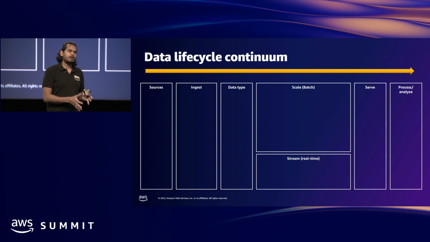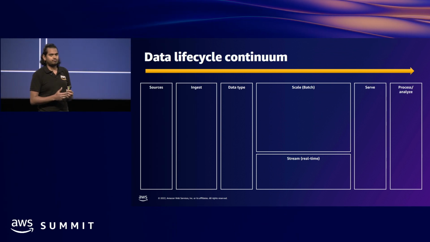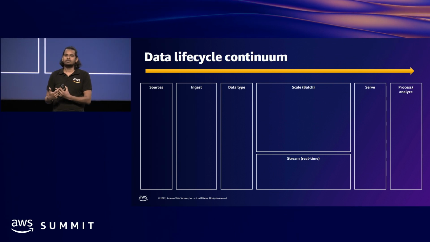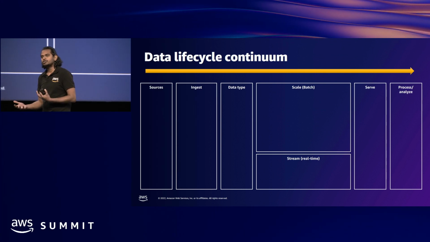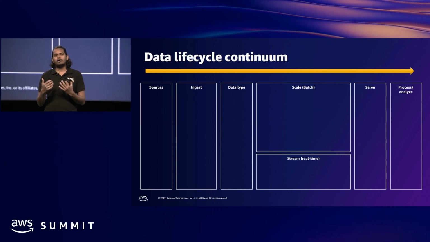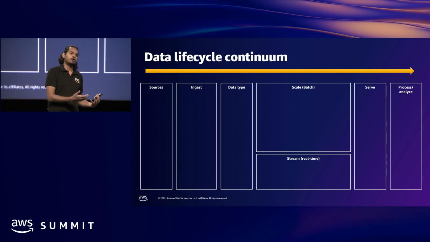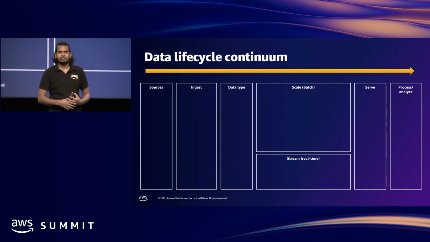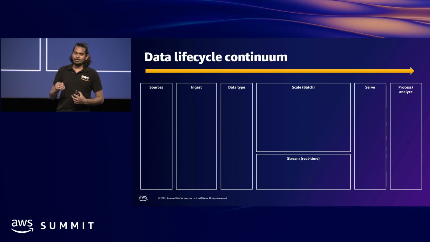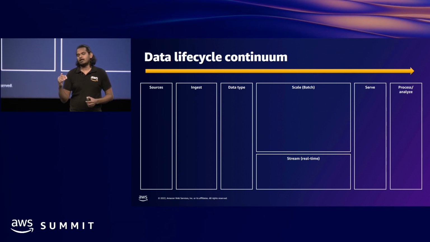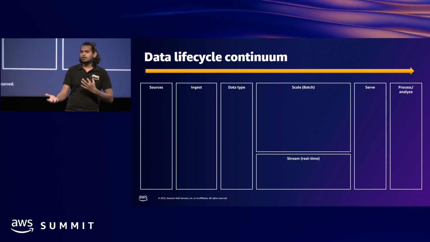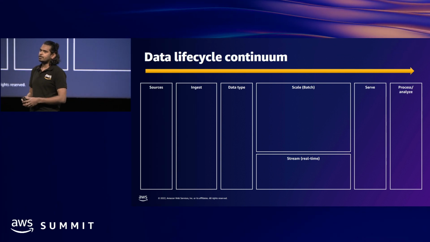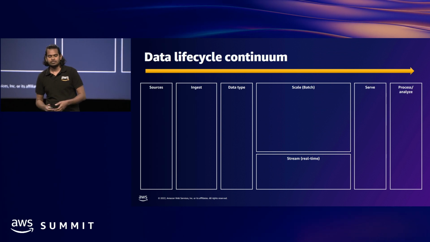The serving layer really comprises data stores which are optimized for analysis, right? So you may have a front end or a web application that needs to be backed by a database which supports GIS or geospatial data extensions. That is in the serving layer. And finally, the process and analysis layer consists of your reporting tools, and your machine learning inferences that allow you to get your inferences out.